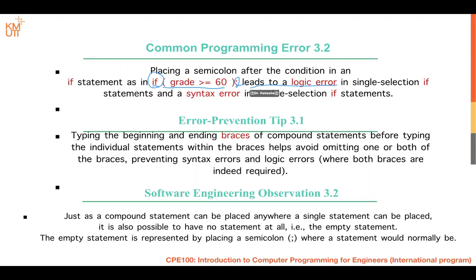This leads to a logic error. There is no error in the compilation process, but it will have a logic error. It will end here, because this is the ending symbol of the statement, so this statement will do nothing. Do nothing.